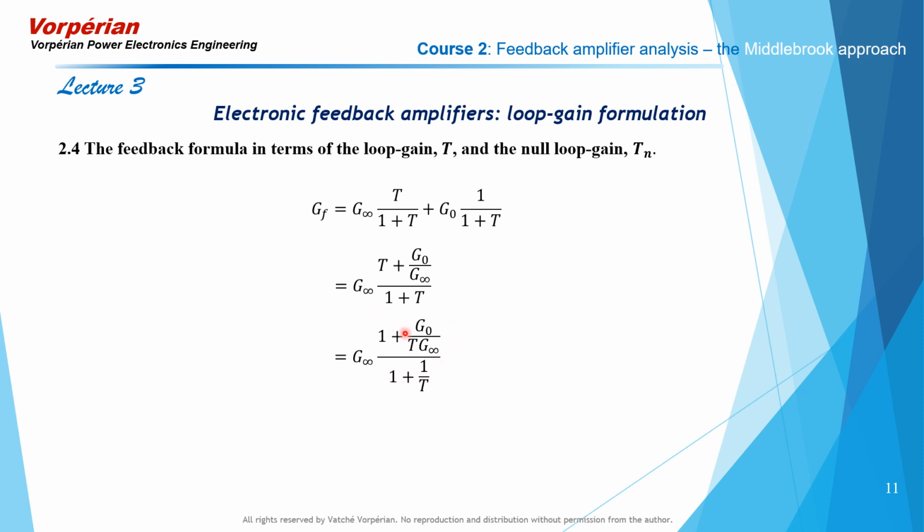In it, this one will be defined as the reciprocal of the null loop gain, and this here will be the second formulation of the closed loop feedback gain given by Dr. Middlebrook. Tn is known as the null loop gain. In the next slide, we'll see why we call this the null loop gain.